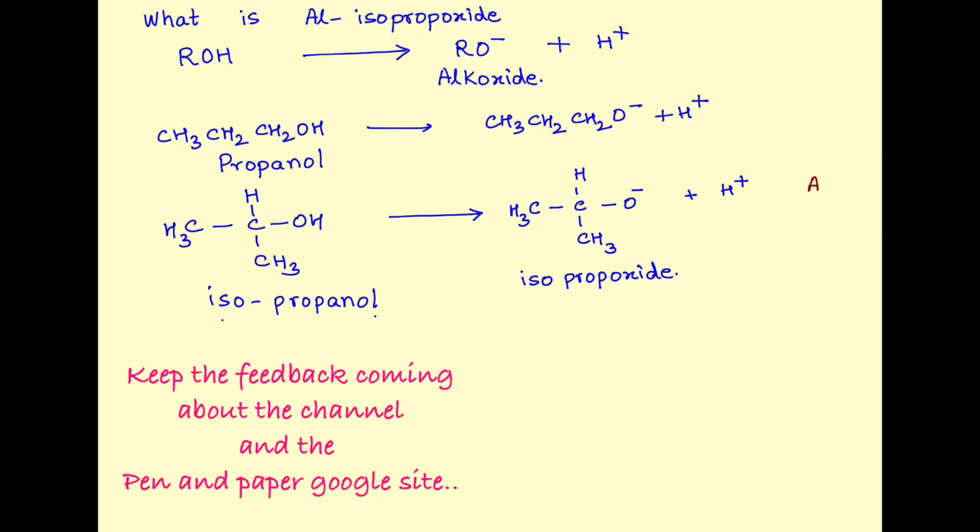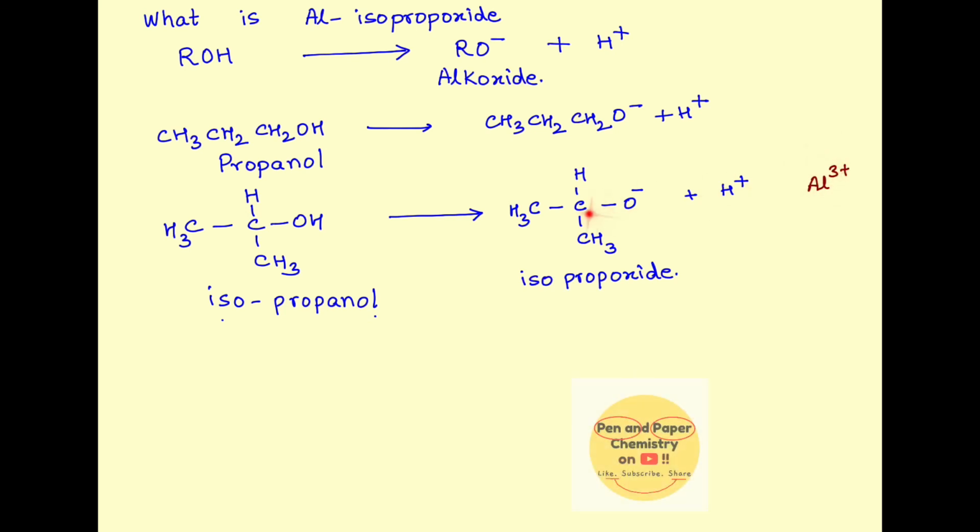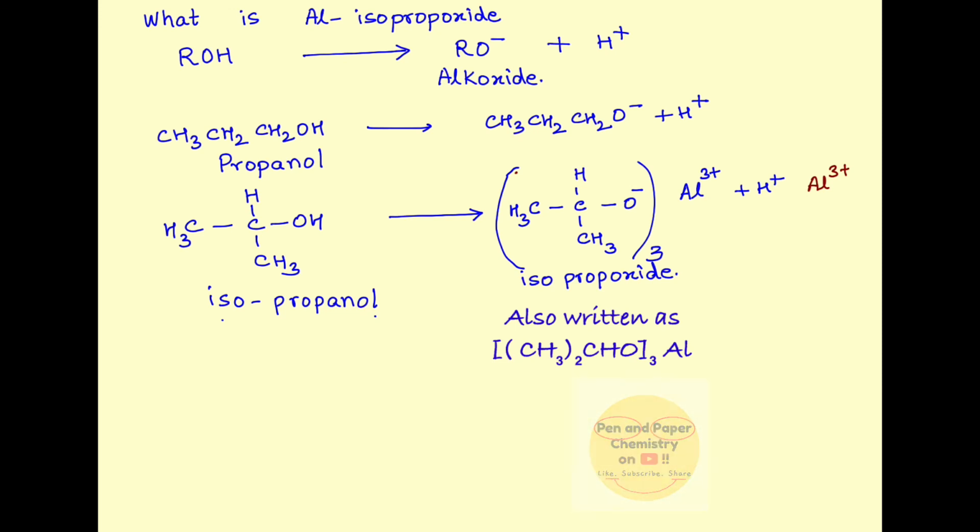Al3+. Remember? So that means one aluminium needs how many of these to balance itself? 3. So I'm going to put a 3 here, and there comes my aluminium along with it. Easy? This is aluminium isopropoxide. As simple as that, right?